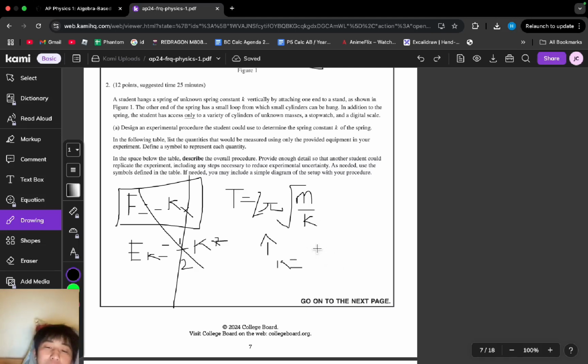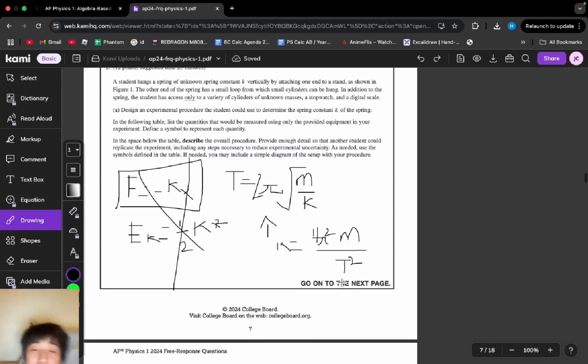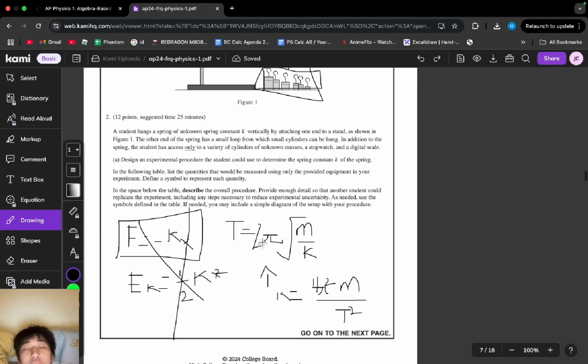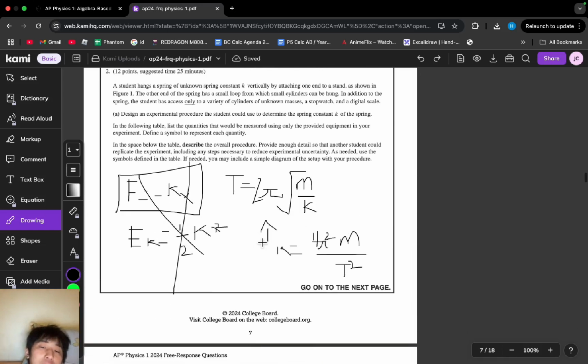Oh wait, no, my bad. 4 pi squared times m over T squared. Notice that the only variables we need to measure to solve for k are mass and time. We're given a stopwatch and a digital scale, so we can solve for k.